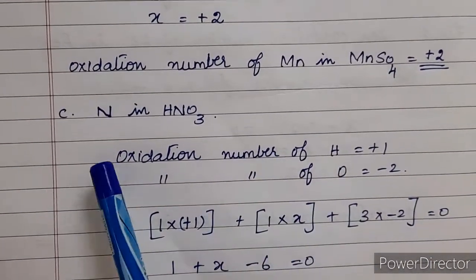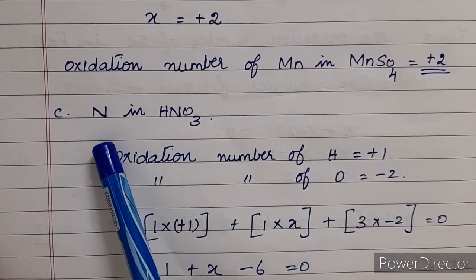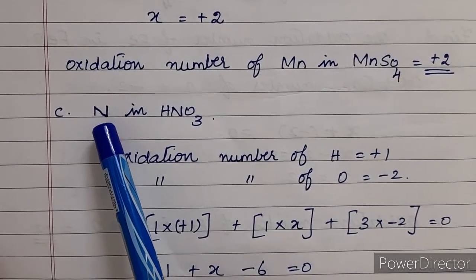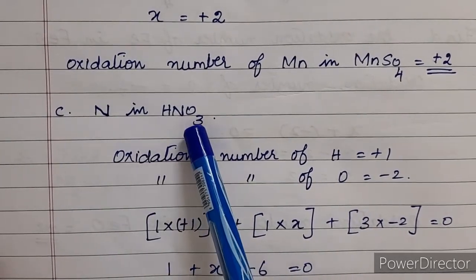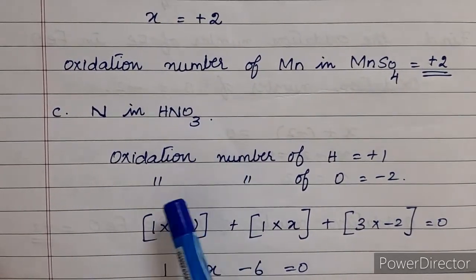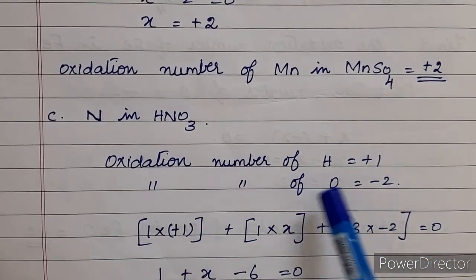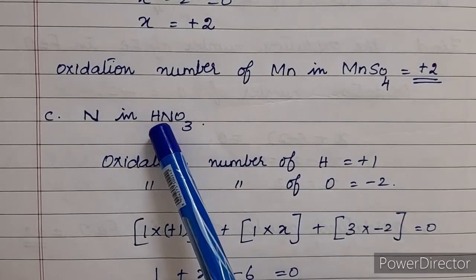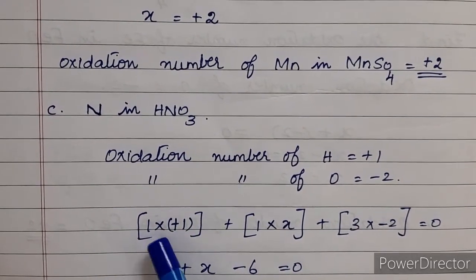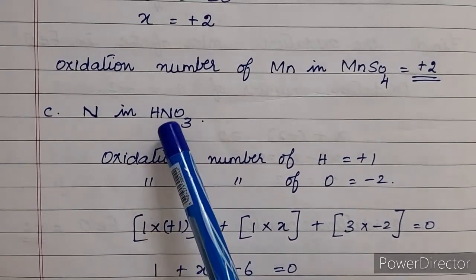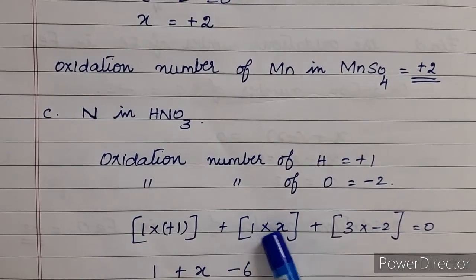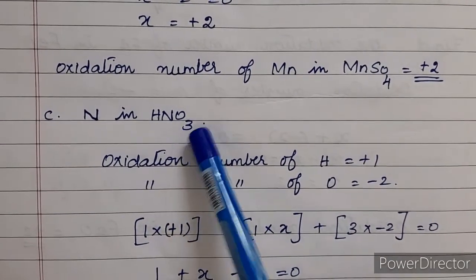Next is to calculate the oxidation number of nitrogen in nitric acid, that is HNO3. Oxidation number of hydrogen is plus 1. Oxidation number of oxygen is minus 2. Now how many hydrogens are there? Only 1. So 1 into plus 1, plus how many nitrogen? 1. So 1 into X, plus how many oxygen? 3.